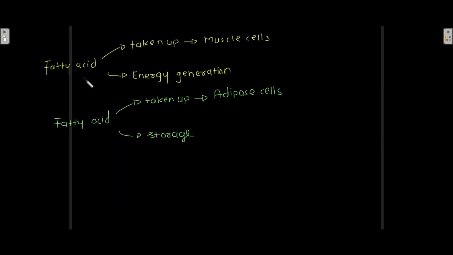The fatty acid which is taken up by the muscle cells is used for energy generation, whereas the fatty acid which is taken up by the adipose cells is used for storage.